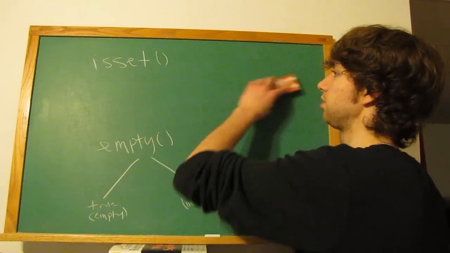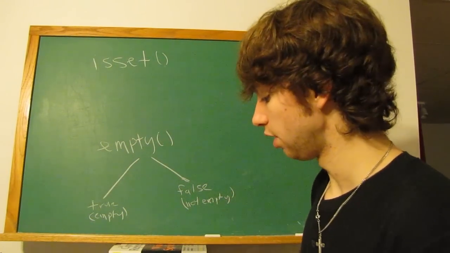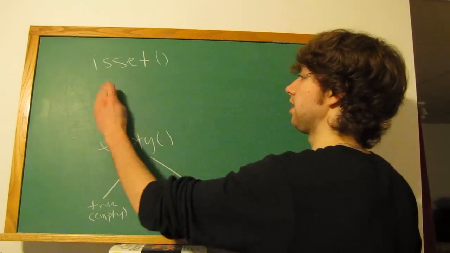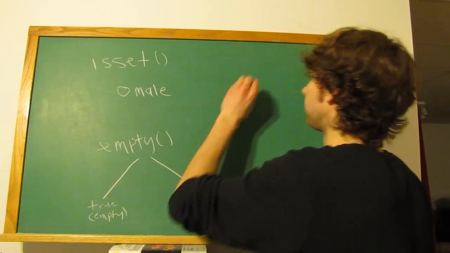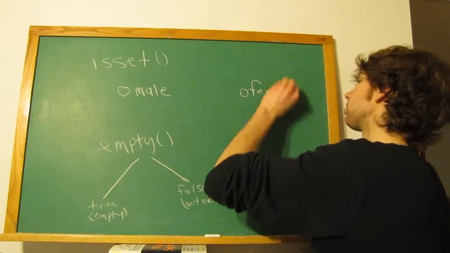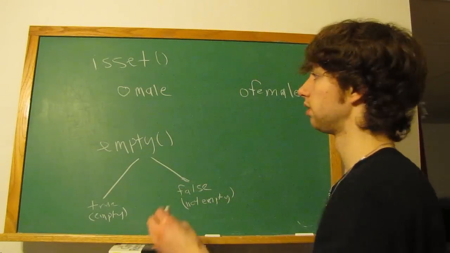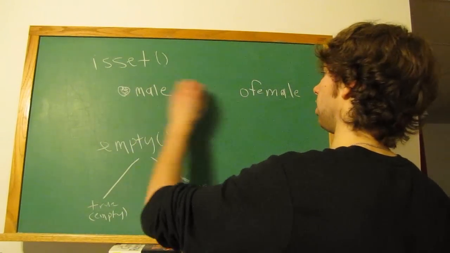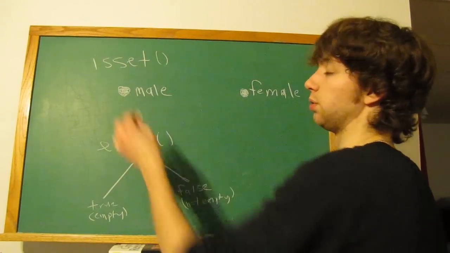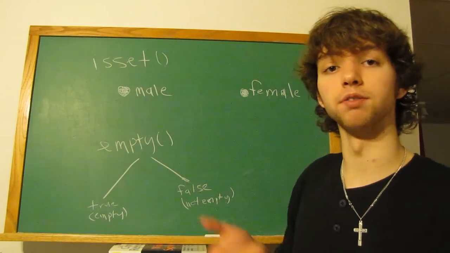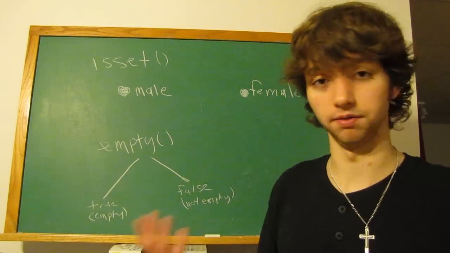That means we are going to use isset for things that don't have input values. So for example, if you go to a website, you may see this. With this default form here, these are checkboxes, or what you would call radio buttons. Now, with this default form, if it's not modified, this is not going to be able to give us an empty value.